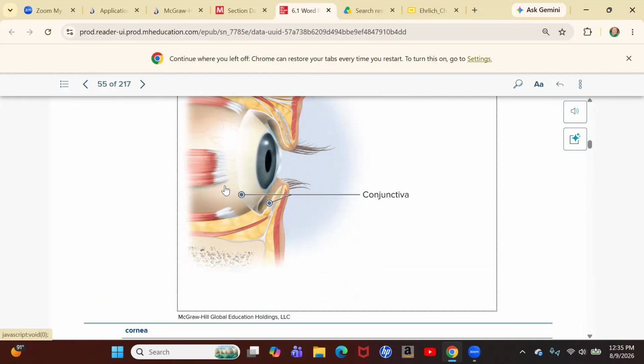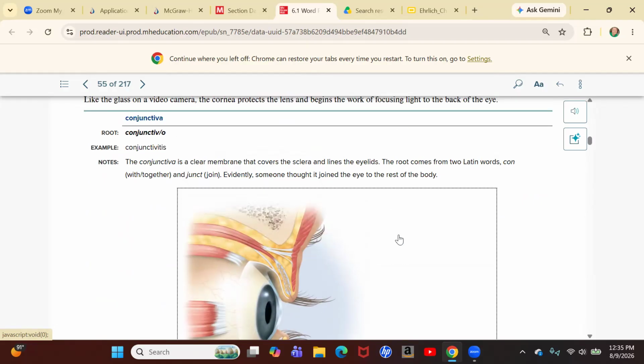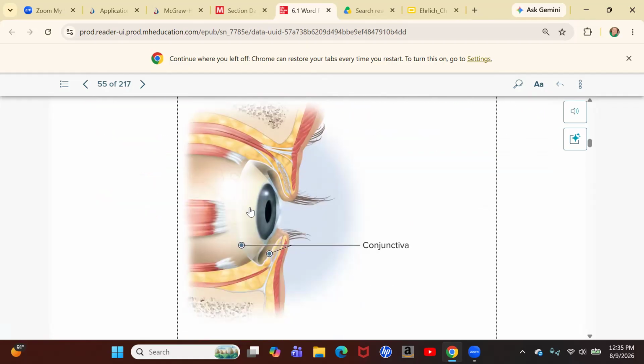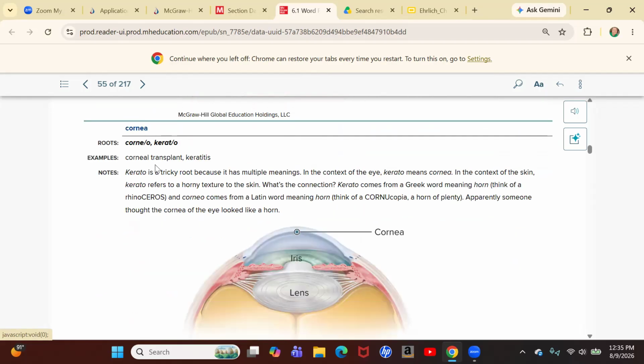If you've ever had pink eye before, that's known as conjunctivitis. That's inflammation of this membrane. Very itchy, very watery, very contagious. So conjunctiva, that clear membrane surrounding the sclera of the eye and the upper and lower eyelid.